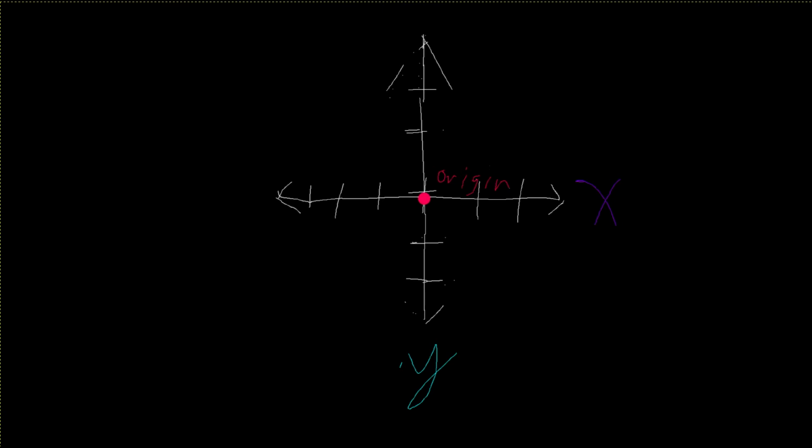So this is our origin. Now, while we're talking about the origin, let's go ahead and take some time to talk about our ordered pairs. So I'm going to put this over here to the top left.